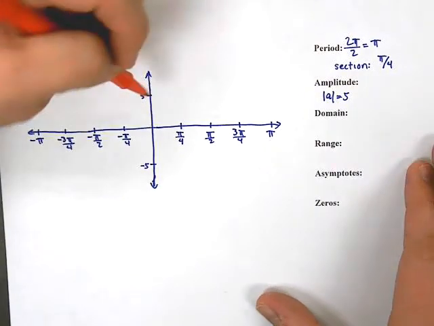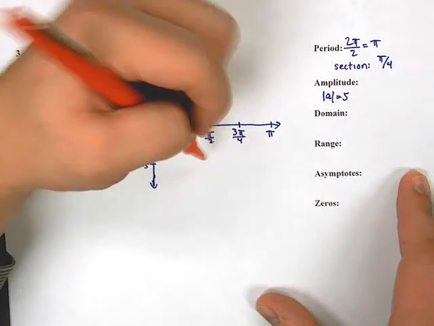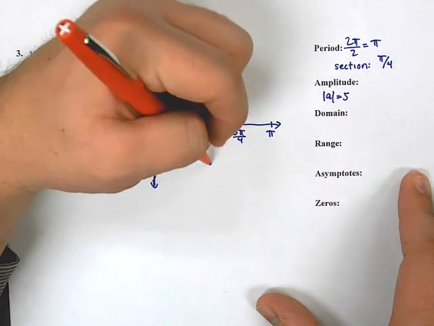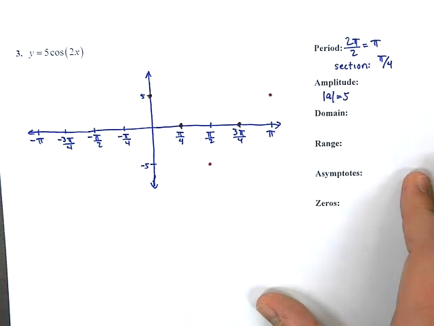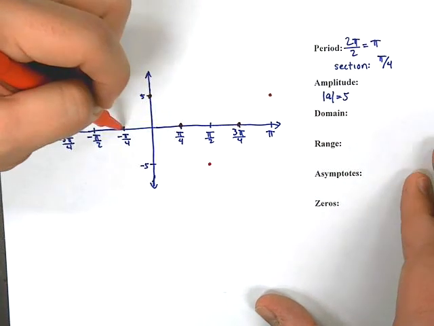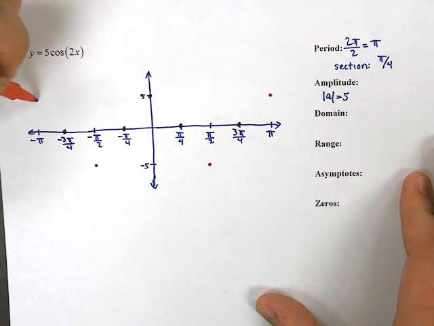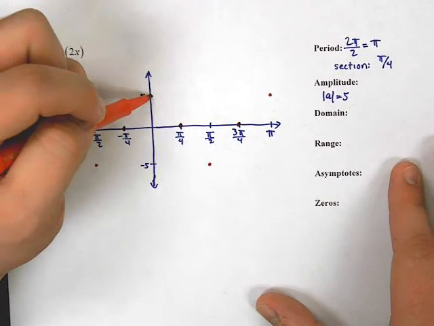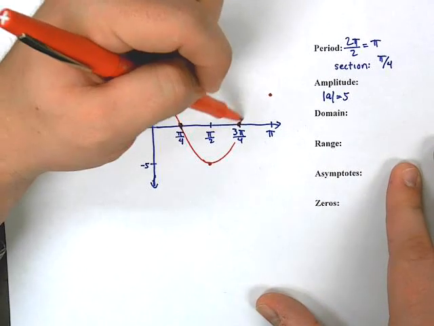So now I know that here I'm going to be up at the max, to resting, to min, to resting, to maximum, and then same thing going back the other way. Resting, min, resting, max. And then we just get to draw the curve, the most fun part, right?